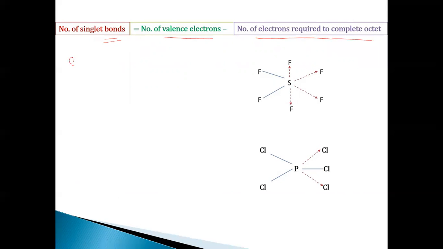For example, taking SF6 again, the number of valence electrons in sulfur is 6, atomic number 16, so it is 2, 8, 6. So 6 valence electrons, and it is short of only 2 electrons to complete the octet. So it forms 2 covalent bonds, 1 and 2, and 4 singlet linkages, 1, 2, 3, 4, singlet bonds.